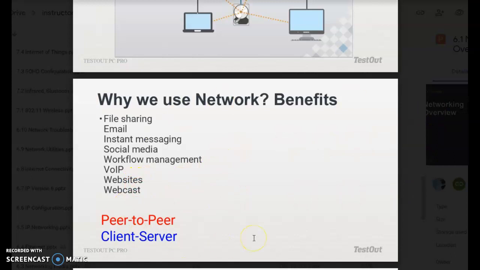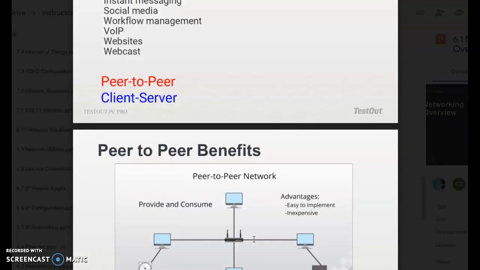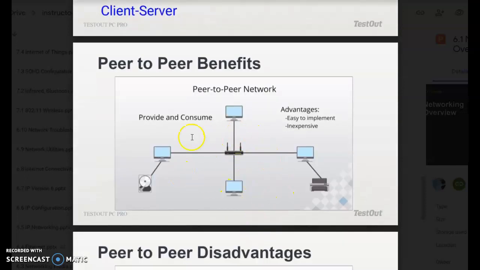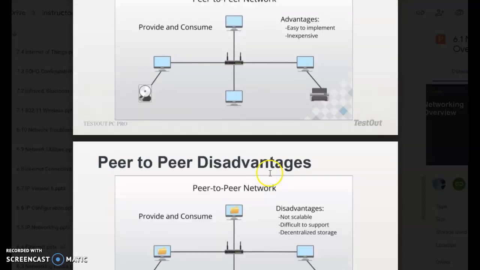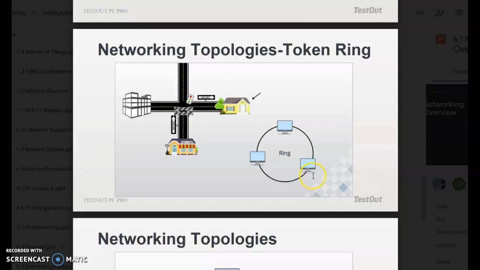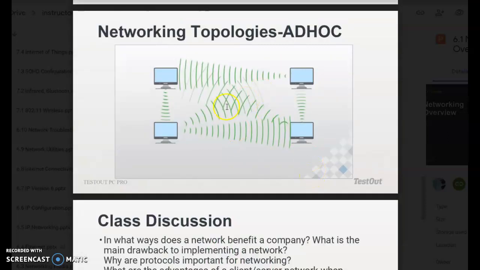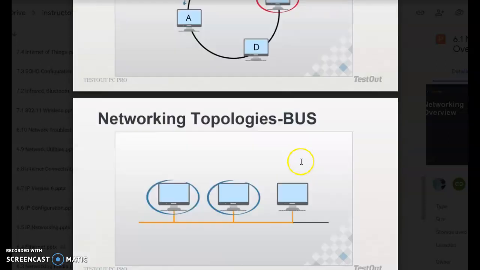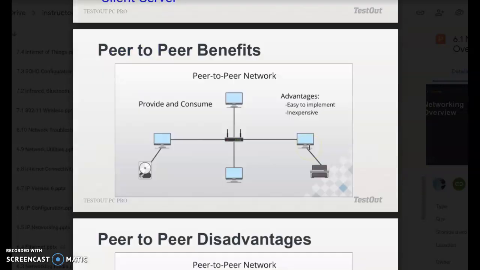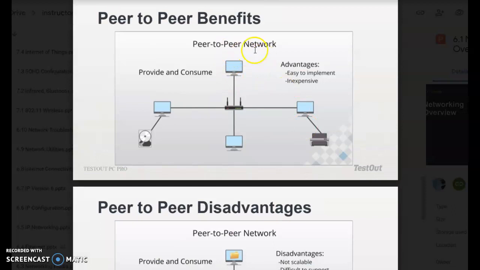Now we are going to talk about peer-to-peer and client-server. Again, in peer-to-peer, you need a medium to connect to a network. So you use either a wired connection to each other, or you could use a wireless medium to connect to each other. Peer-to-peer means that you are managing your own computer and you share resources.